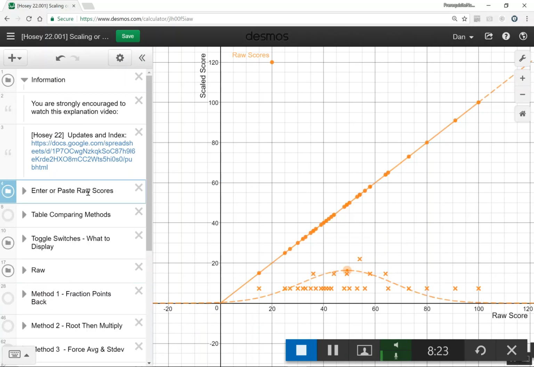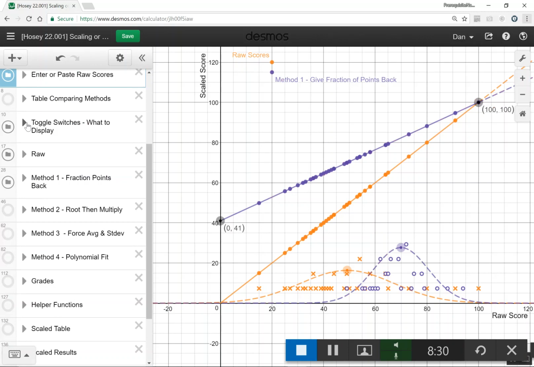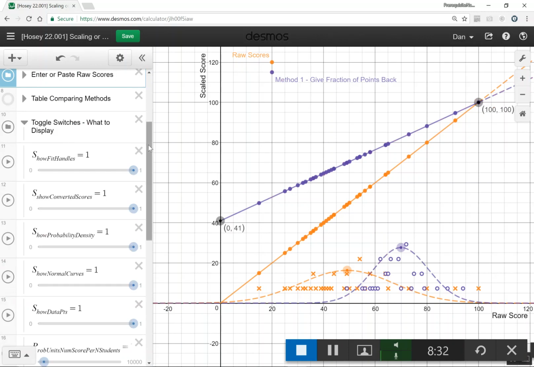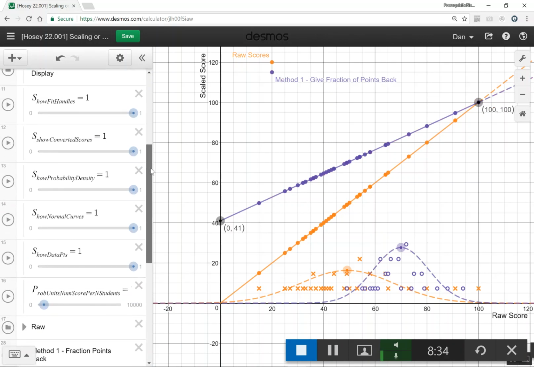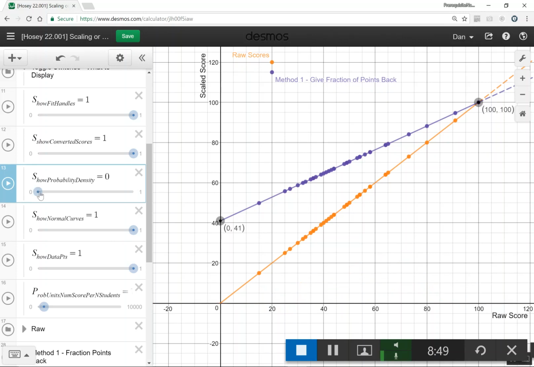So you've already seen where to put in the raw data, and you've seen how to toggle the different methods on and off. Let me show you these toggle switches. What this does is it turns on information and turns it off. So let's say we don't want to see the stuff down here about the distributions. What you can do is either turn it all off, meaning show probability, set that to 0, and that turns it all off.